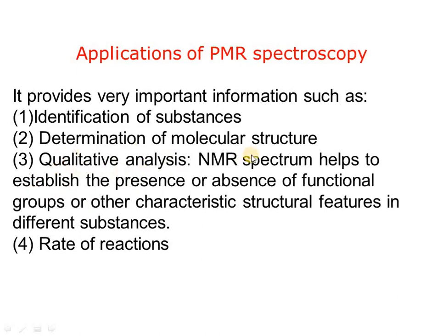The NMR spectrum helps to establish the presence or absence of functional groups and other characteristic structural features in different substances. We can also know the rates of various reactions. These are the main applications of PMR spectroscopy.